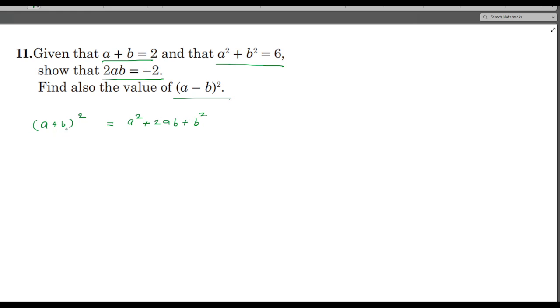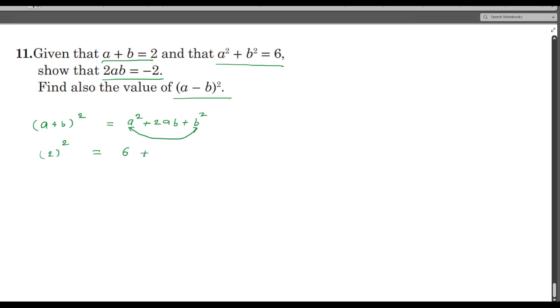Okay, so when you multiply a plus b by a plus b, you will get this expression. Now a plus b, it is given to you that it is 2. So here it is 2 square is equals to a square plus b square, this value is given to you 6, plus 2ab.